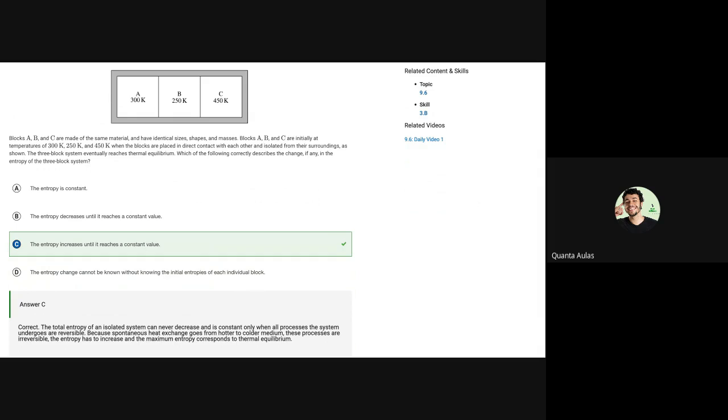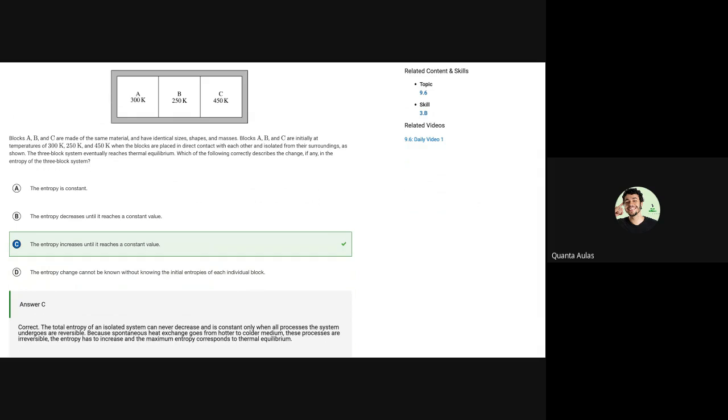When you have different temperatures, this is a law of physics. B, entropy decreases to a constant value. This is wrong too, because the entropy never decreases in an isolated system. Only increases or stays constant.